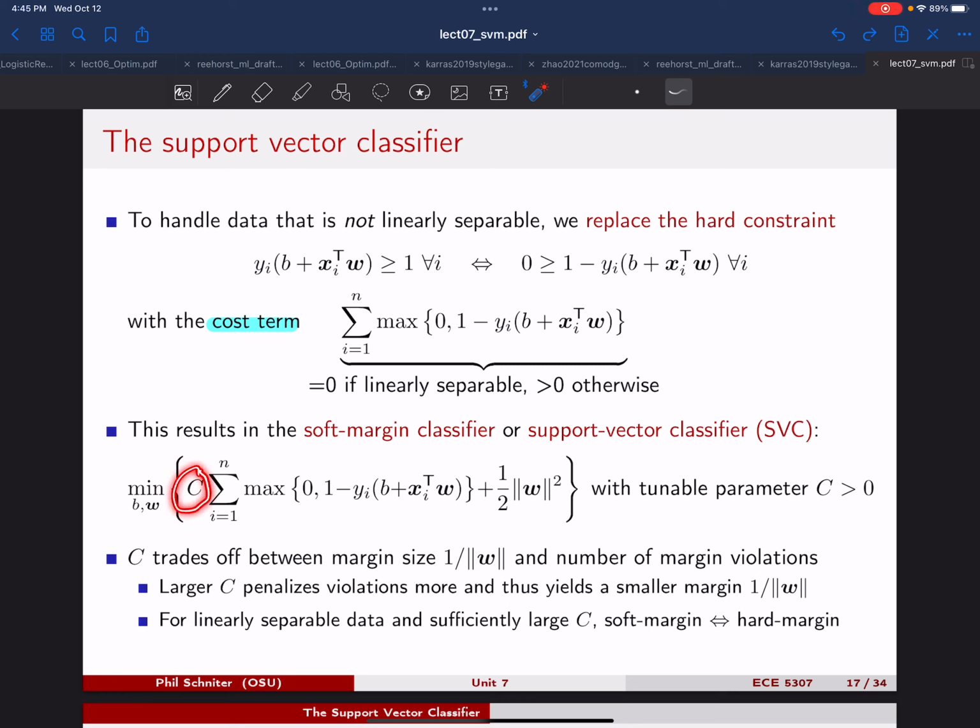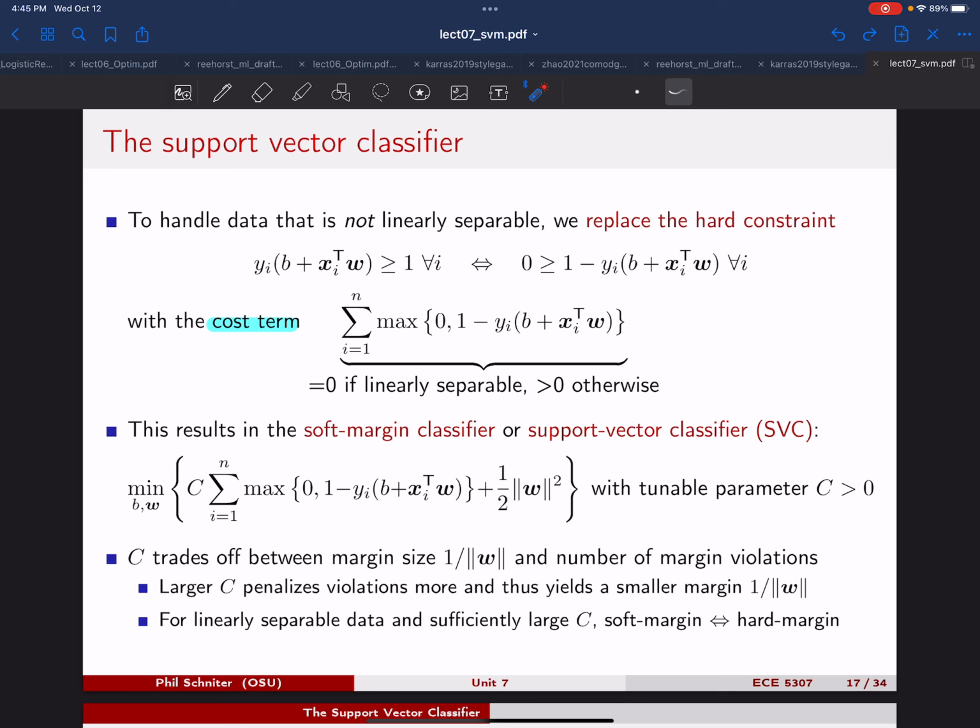If we use a large value of C, that is going to weight these more, and it will make us focus more on this first term and less on the second. On the other hand, if we use a small value of C, we'll focus more on the second and less on the first. So in particular, larger C means it penalizes violations more, so we don't want samples to be in the street or on the wrong side of the street.